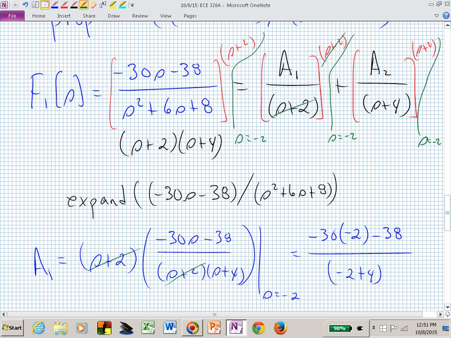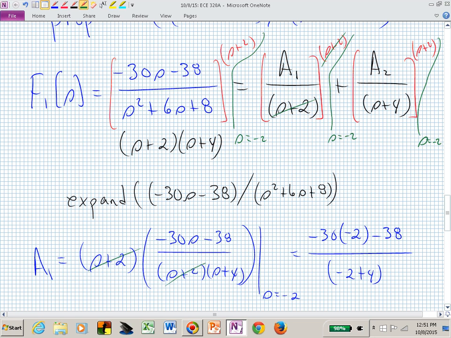That will now allow me to cancel those two factors in the numerator and denominator and evaluate what's left at the value of s that causes that to vanish. Did that help? That's how you now find these partial fraction expansion coefficients, or these residues.